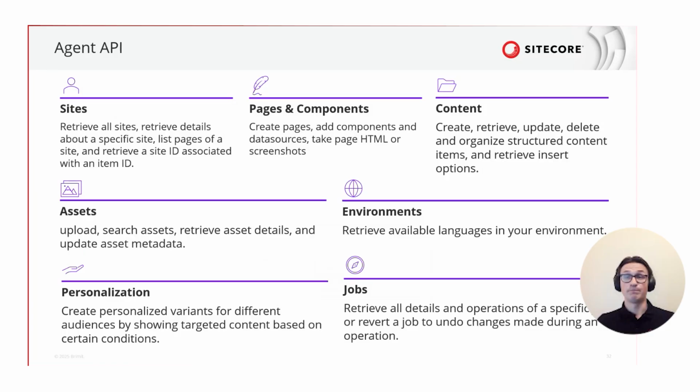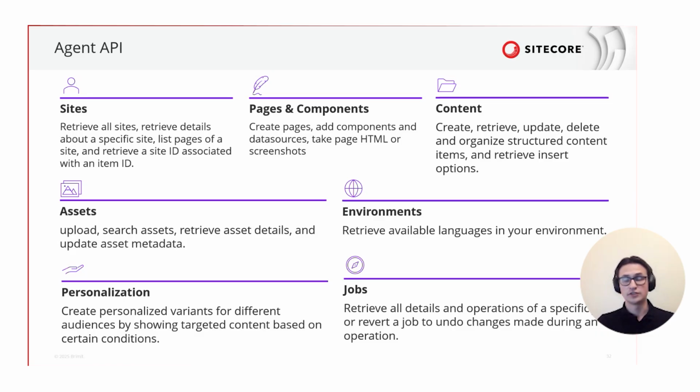This is the overview of all the various API sections provided in the Agent API. For sites, you can get information about site collections and sites. For pages and components, you can create pages, add components and data sources, and perform additional operations on pages like take a screenshot or get page HTML.